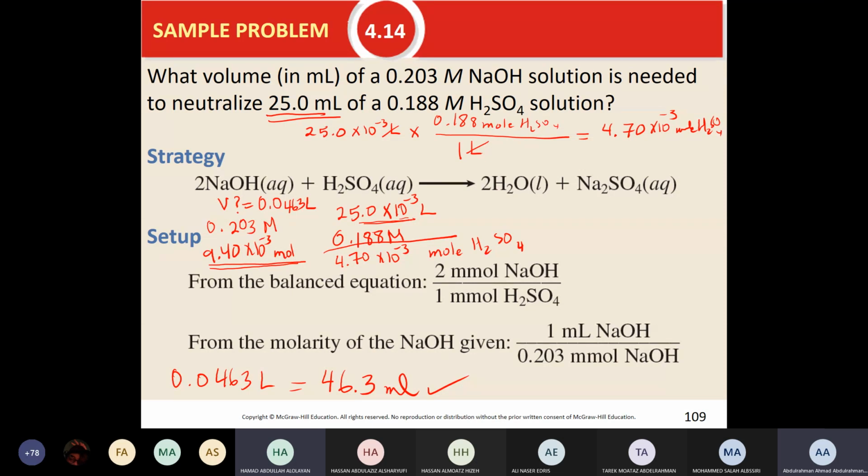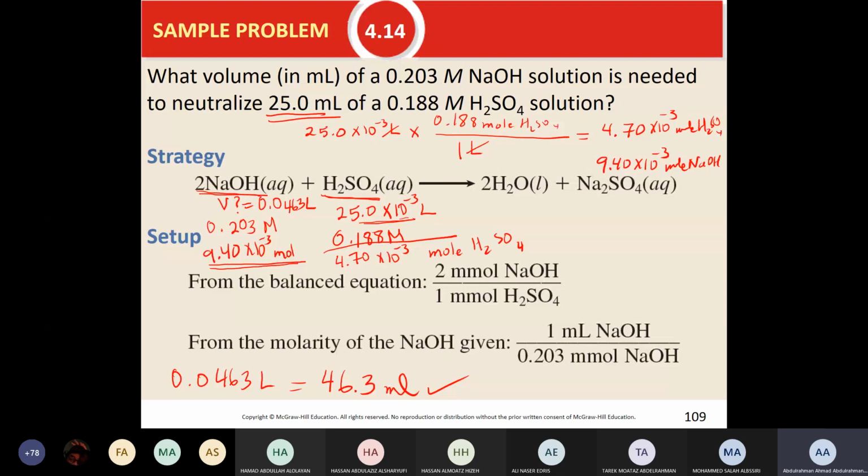Okay, now 1 mole of this one needs 2 moles of this one. So how many moles of NaOH do we have? We have 9.40 times 10 to the power minus 3 mole NaOH.